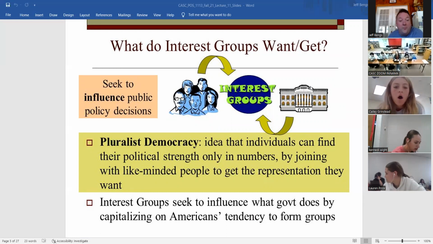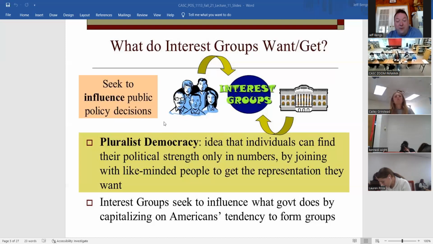So the idea of plural is more than one. So this dimension of democracy called pluralist democracy is the idea that individuals, plural, can find their strength only in numbers, collectively. And so they join together with other people who have the same interests and concerns to get representation.